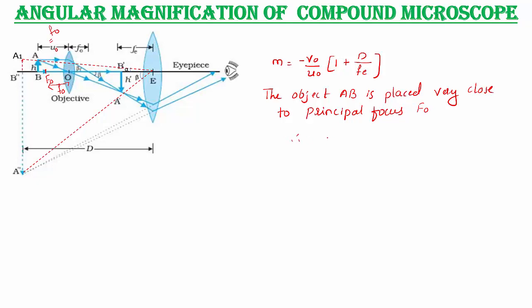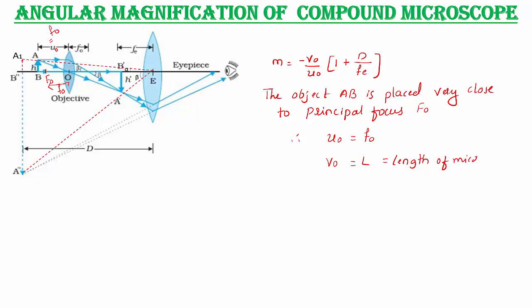Therefore, in place of U0, we can write focal length F0. Similarly, image distance, that is V0. Instead of V0, I am going to write it as L. So, L is the length of the microscope. So, here V0 is equivalent to the length of the microscope.